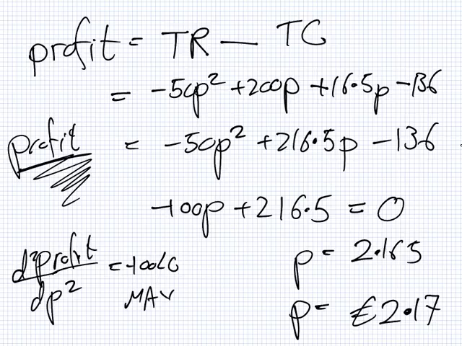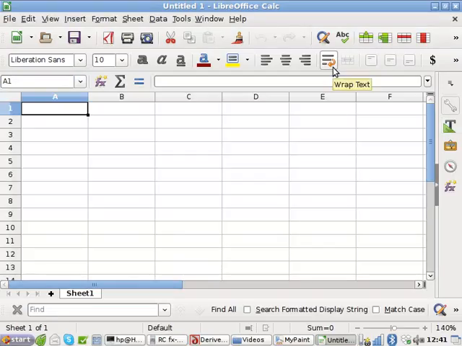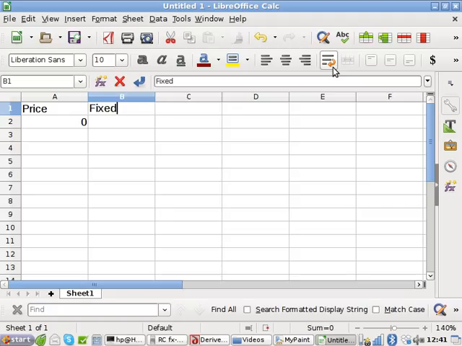Yes. Now, let me just show you this with the table, so you can see it for real. Here I'll put the price, let's say the price is 0. Here I'll put the fixed cost. It's always 70. Here I'll put the variable cost.